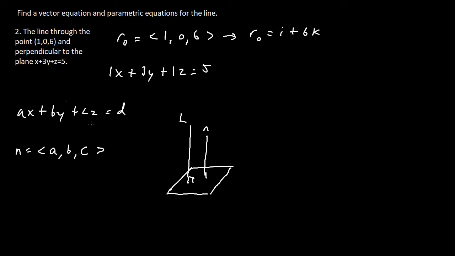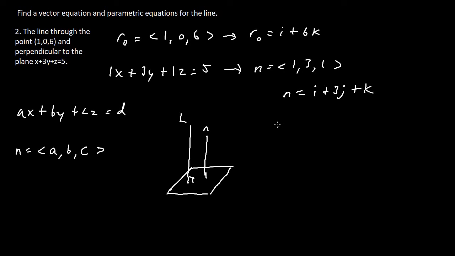So notice it's in the form of ax plus by plus cz equals d. And so the normal vector for this plane is going to be equal to a, which is 1, comma b, which is 3, and then comma 1, which is c. So that is going to be the normal vector. And so if we put it in unit vector form, n is going to equal 1i plus 3j plus 1k.